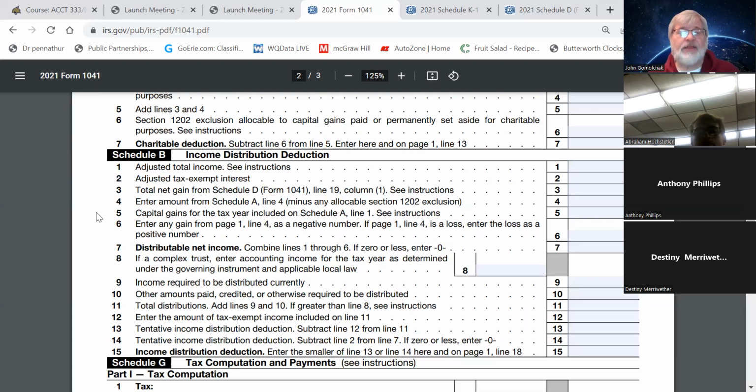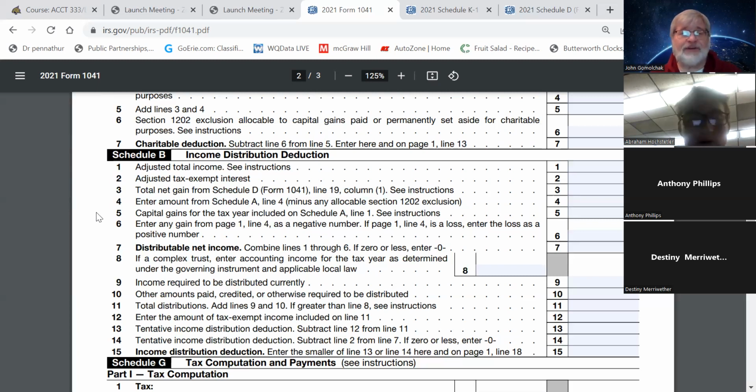Line 10, other amounts paid, credited, or otherwise required to be distributed. If we're a complex trust, we use line 10 to show the amount that we actually did distribute. So simple trust, line 9 is all of the accounting income. Line 10 is for a complex trust, and it's the physical amount that was actually distributed.